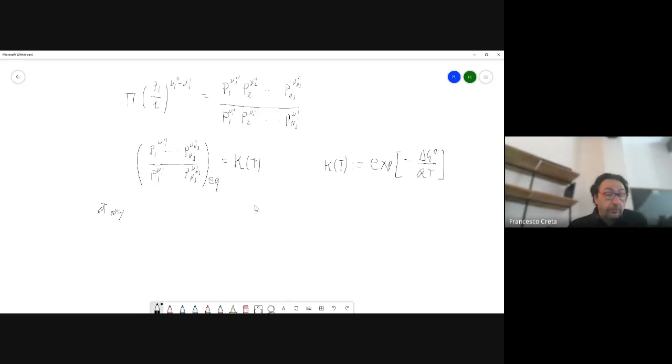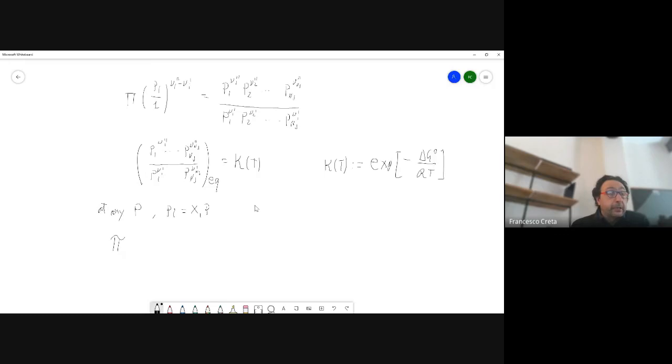Any total pressure P, where we know that Pi is equal to the mole fraction times P. So in fact, we can even write this in terms of the mole fraction.